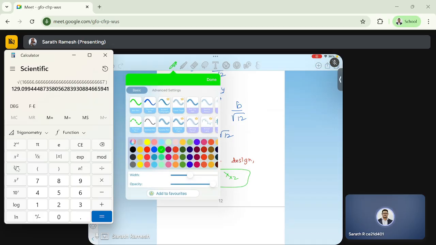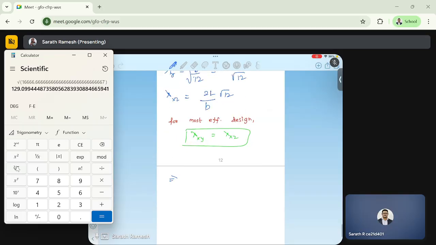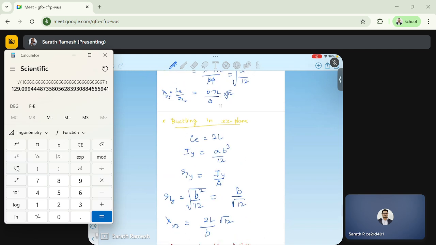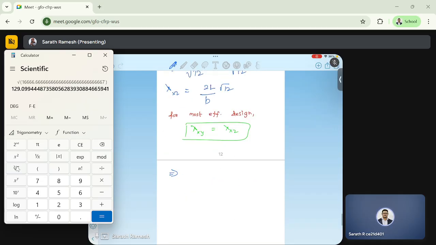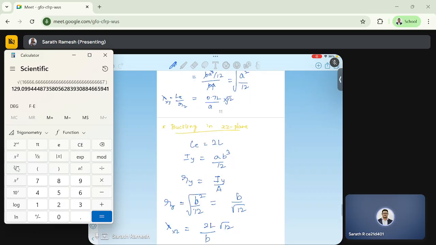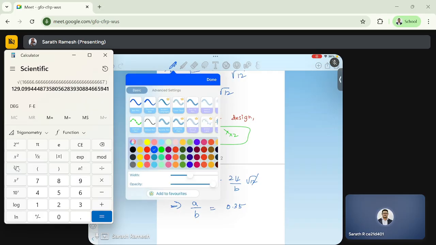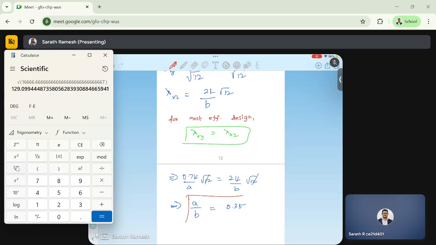Okay, so this implies 0.7 L by A root 12 equals 2L by B root 12. L gets cancelled, root 12 gets cancelled. A by B will be 0.35. Okay, this is what we have to find.